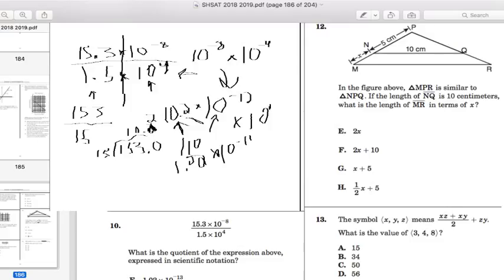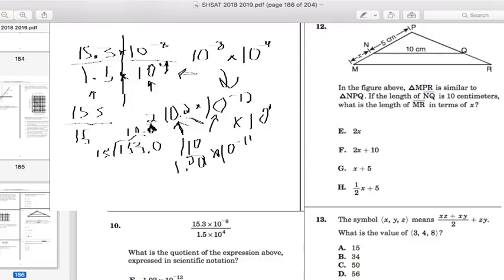So if it's double, 5 to 10, then X plus 5 times 2 is the length of MR. So 2 times X plus 5 gives us 2X plus 10, or F.